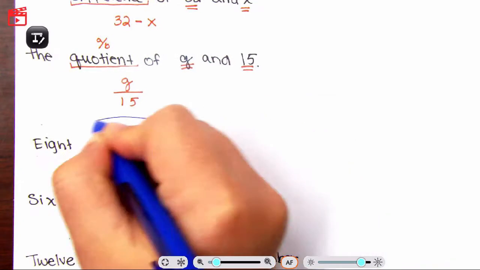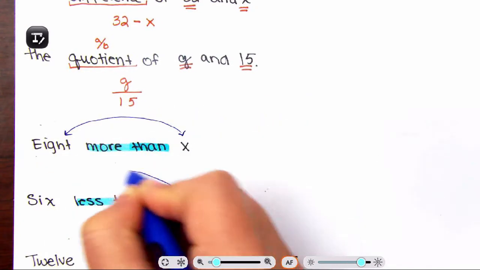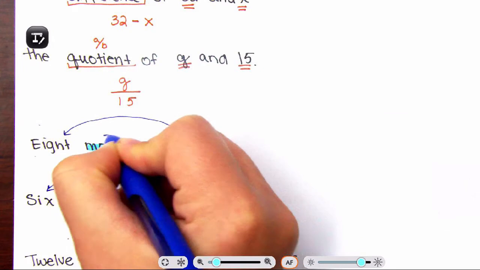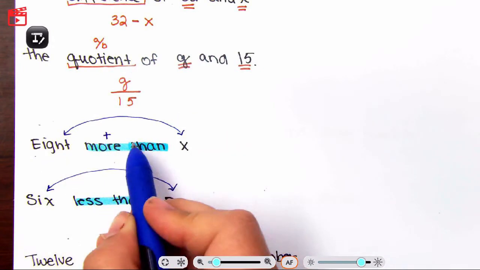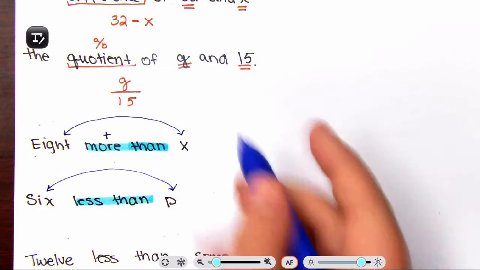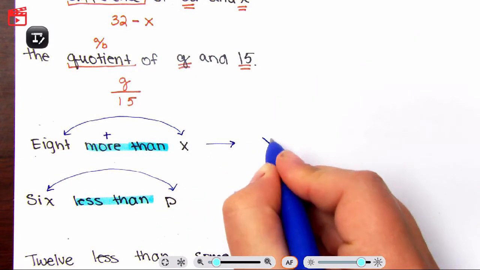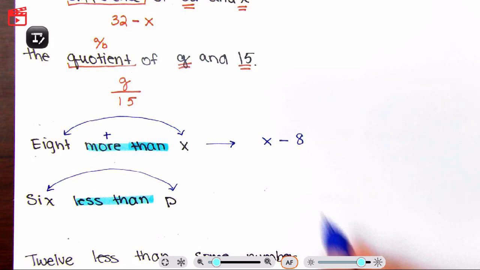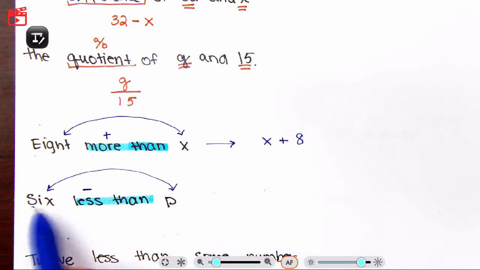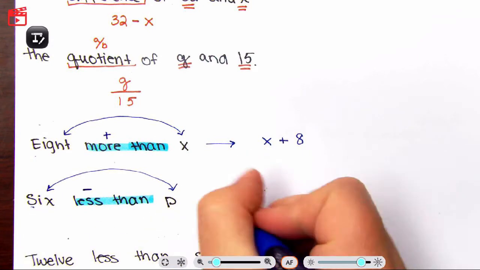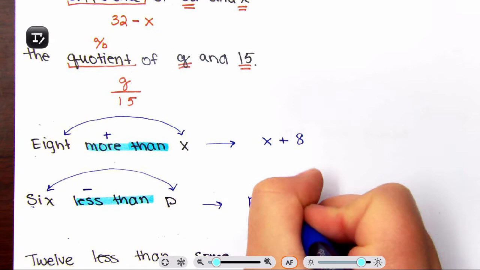We know more means addition. So instead of writing 8 plus x, that is incorrect. We're going to write x plus 8. We have to switch the order. Less than means minus. I have 6 and p. I am switching the order, so I have p minus 6.